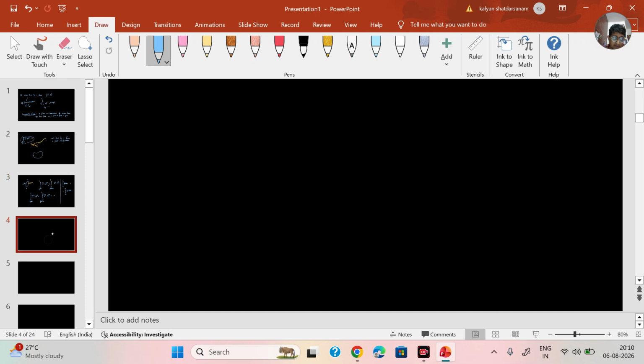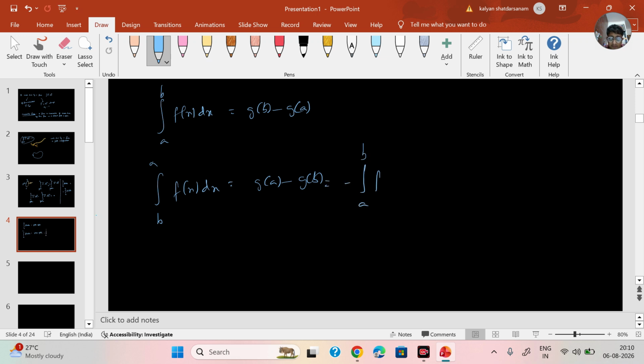Because, if you remember our calculus lectures, if you know that integral f of x dx has value g of x, then integral f of x dx from a to b will be g of b minus g of a. You first put the upper limit and then the lower limit. Similarly, integral b to a f of x dx will be g of a minus g of b, which is obviously minus integral a to b f of x dx. So if I interchange the limits, if b goes to the top and a comes down, then I can put a minus sign.